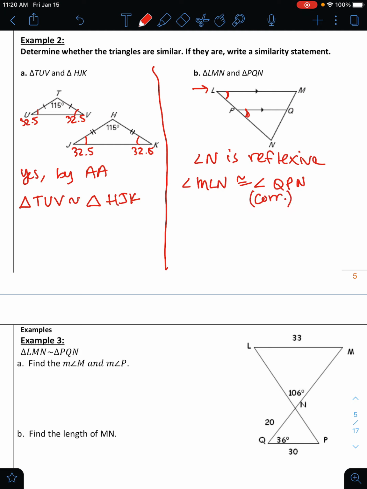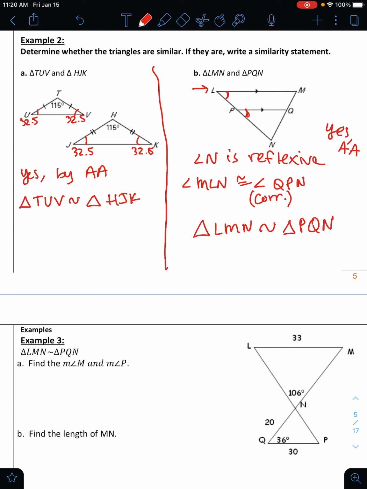We're not really doing a formal proof, but just recognizing it. So they're similar. My statement: triangle LMN is similar to triangle PQN. I never really officially wrote over here, yes, by AA.